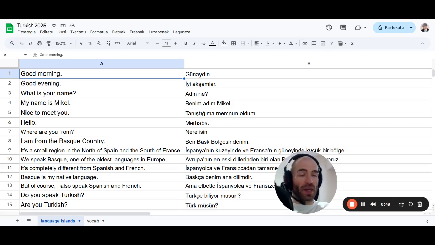Basically, you need to write down everything you want to say, everything you think you'll have to say, and translate it, and you get a bilingual text like this. You get all your lines, with your base language, English or whatever your native language is, and then the target language that you're learning.